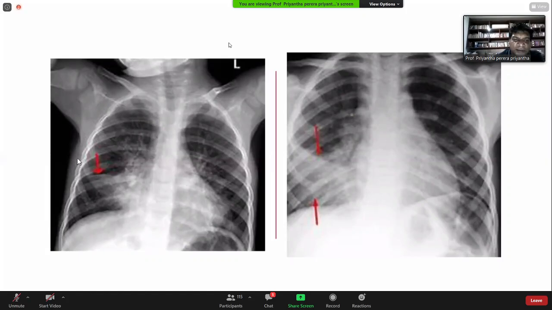Right? Not this area. Because the horizontal fissure, the transverse fissure, goes like that, not like that. So if there is right middle lobe pneumonia, you can't see the right heart border clearly, right? That's the way to diagnose right middle lobe pneumonia.